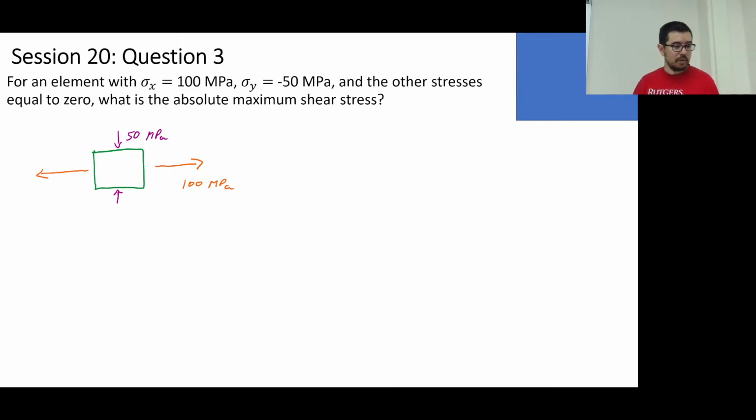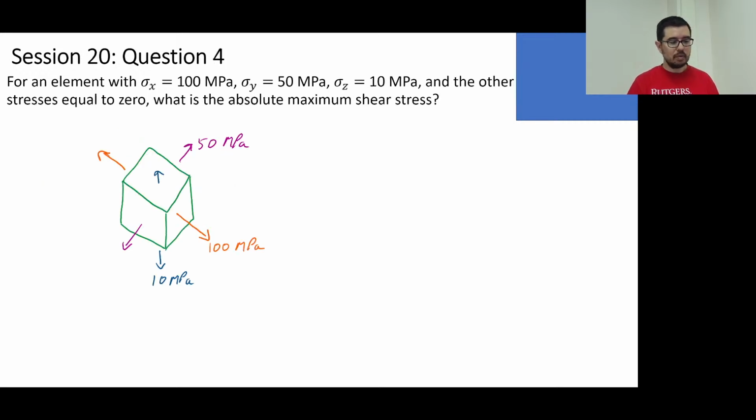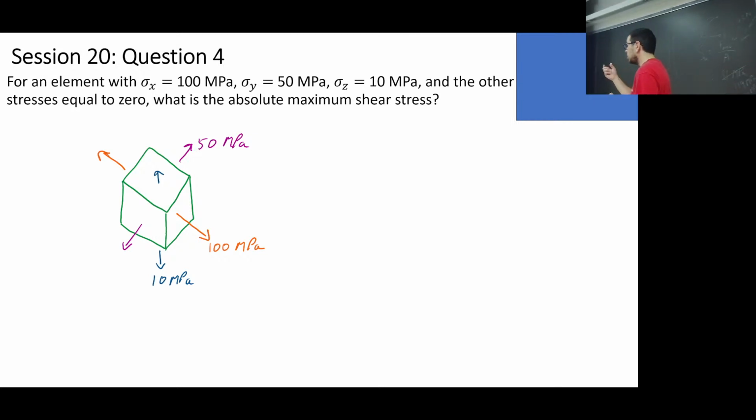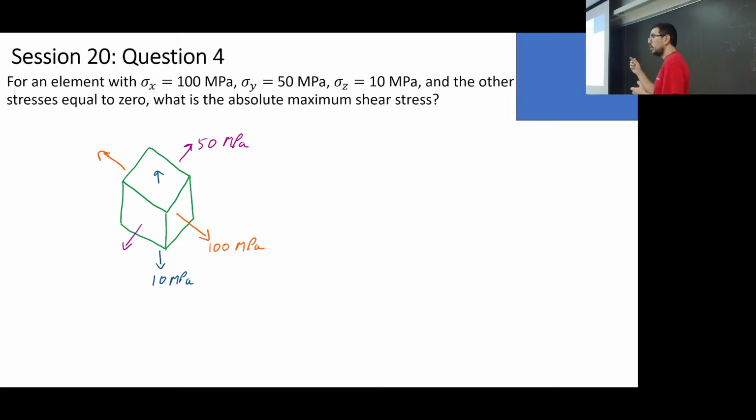Okay, so then you could have a question where you have a negative compressive stress, and you have 100 megapascals of positive axial stress, or something similar to that. And then you could have something where you have a sigma x, a sigma y, a sigma z, where sigma z is non-zero, but you know how to handle that too. Again, just put the 3 points on the x-axis of your Mohr circle, and then start drawing circles.